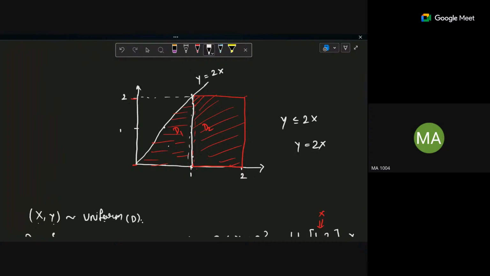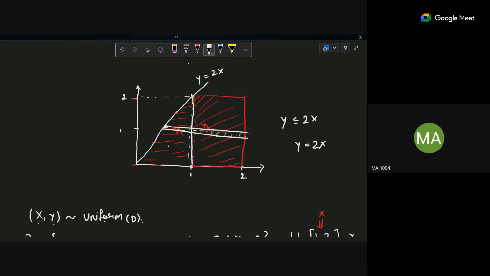Then for the whole region, y by 2 to 2. Because whenever you draw any strip, it should not break when you travel it along y. If you draw the strip like this, and you go from y equal to 0 to 2, it will not break anywhere, right? So these can be the limits for your x.